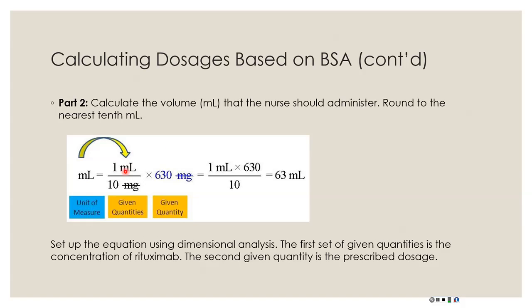So we'll go ahead and enter that 1 over 10, and then we are going to go ahead and multiply by our answer that we got in step 1, 630 milligrams. And since we have milligrams on the top, you would be able to eliminate your milligrams, and you would take 630 divided by 10. So we would get 63, and then our label left is milliliters. So you would have 63 milliliters.